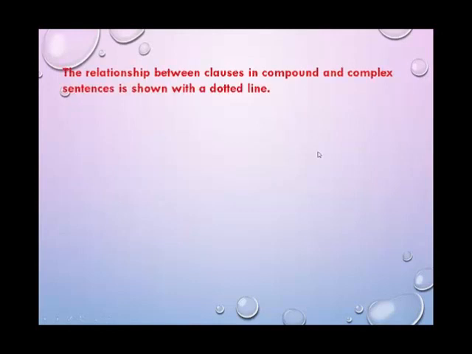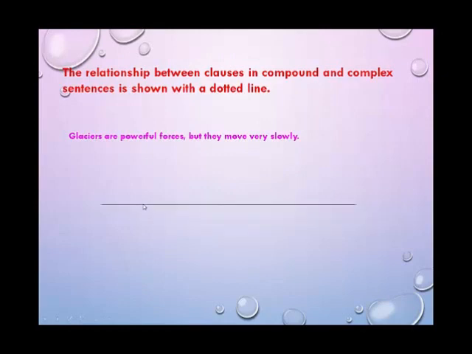Now we're going to study the relationship between clauses in compound and complex sentences, which is shown with a dotted line. For example, glaciers are powerful forces, but they move very slowly. The first thing we have to do is to diagram sentence number 1. Glaciers are powerful forces is the first sentence. We diagram it in the same way that a simple sentence is diagrammed.